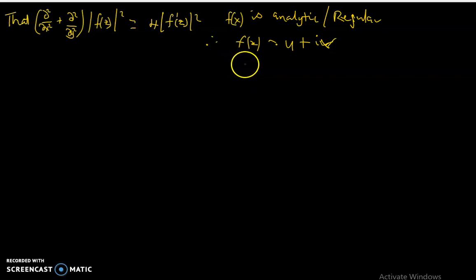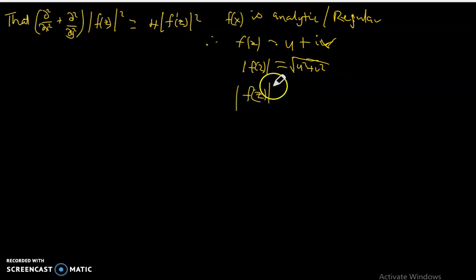Of course, when we take the modulus sign of f of z in this case, what it means is that you will take the square root of u squared plus v squared. When you take the square root of this, we can square the modulus sign so that you have f of z squared.